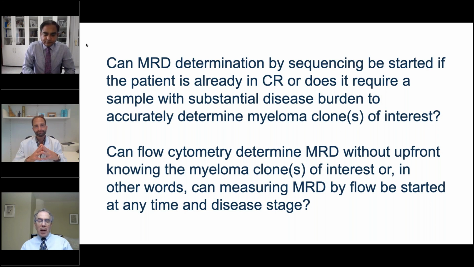And so I'll say first, with regard to sequencing, a high tumor burden sample is required so that you can identify dominant sequences and then tag them for subsequent tracking. However, that initial high tumor burden sample does not have to be fresh. It can be archived. It can be an FFPE bone marrow aspirate clot. And all of those work quite well in terms of being able to then identify the sequences for tracking.